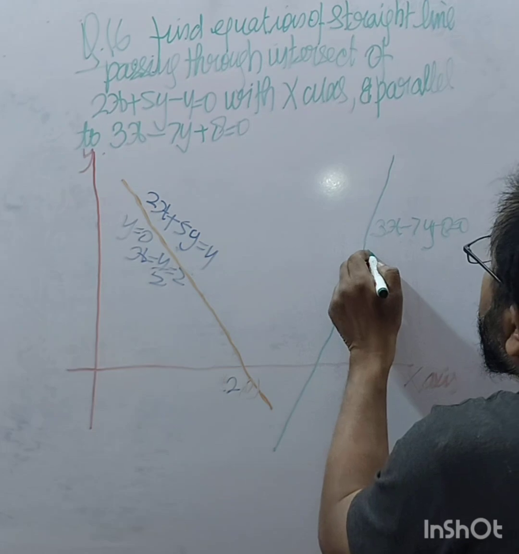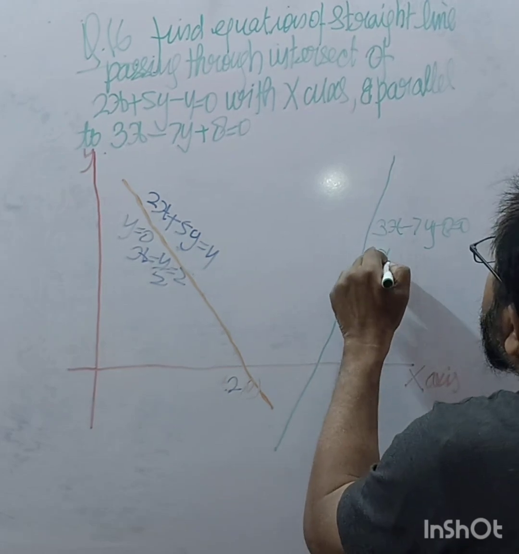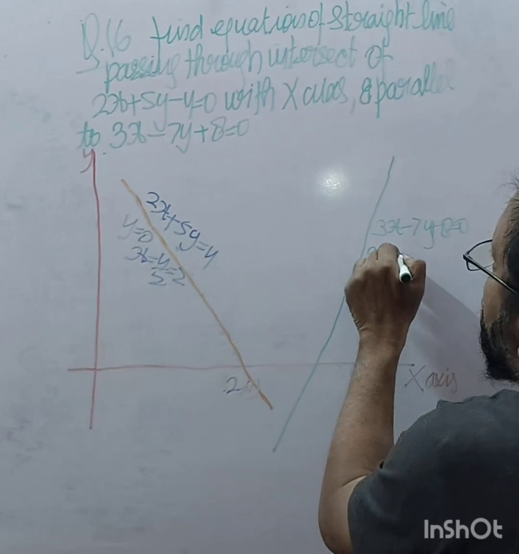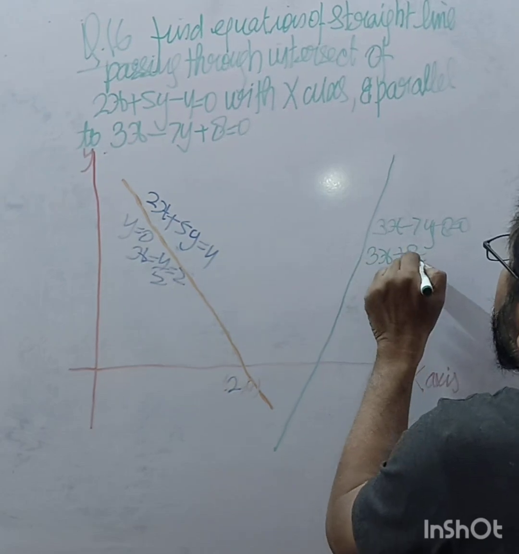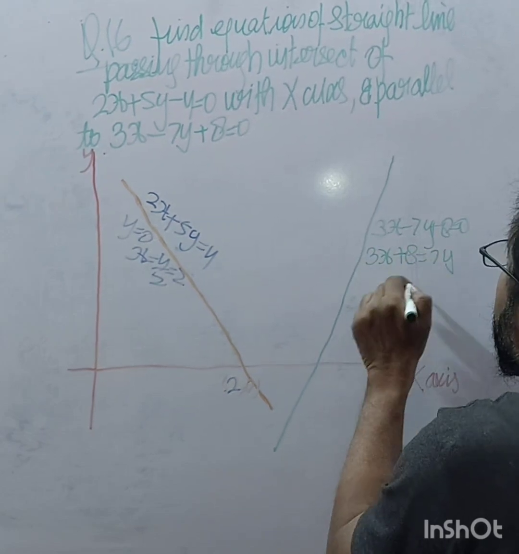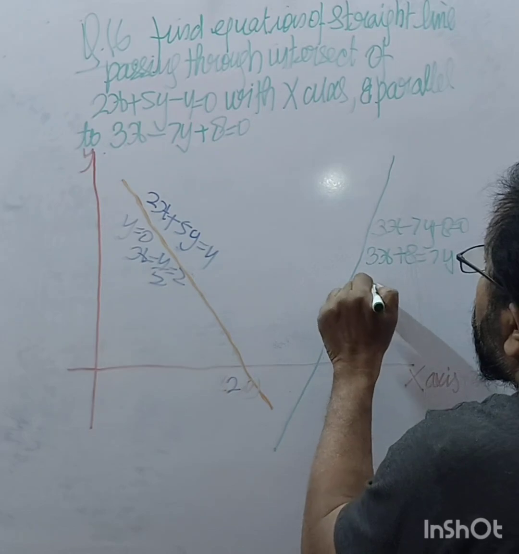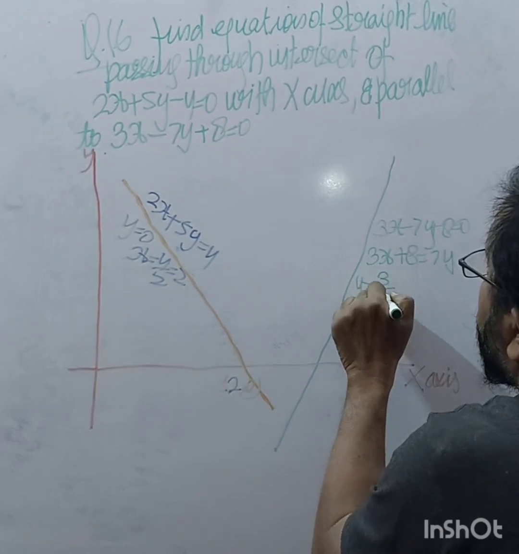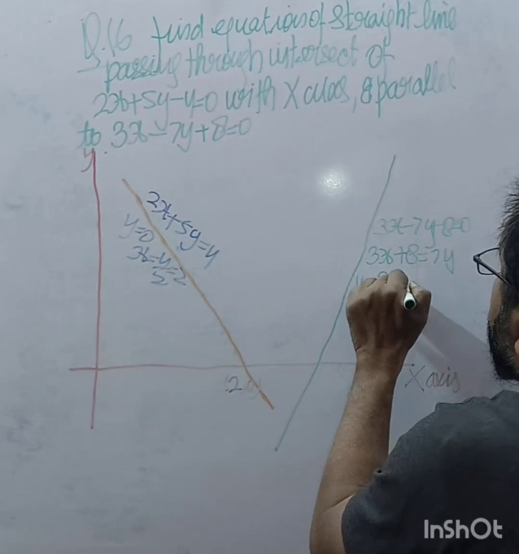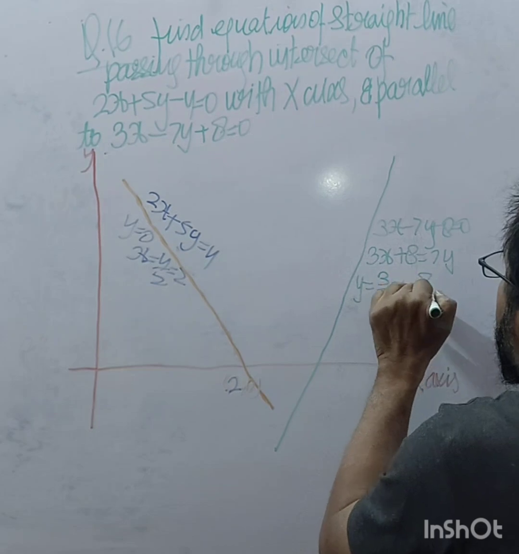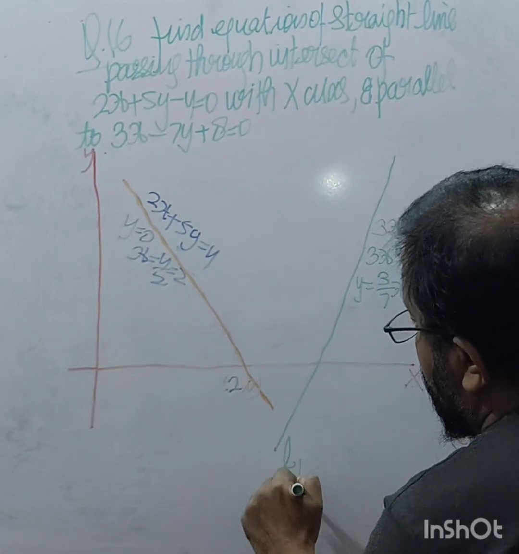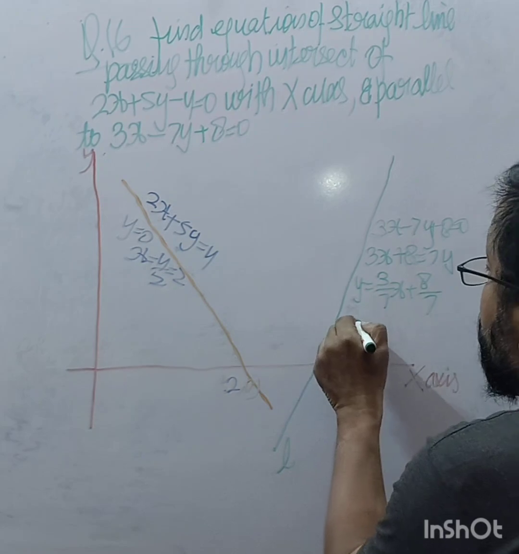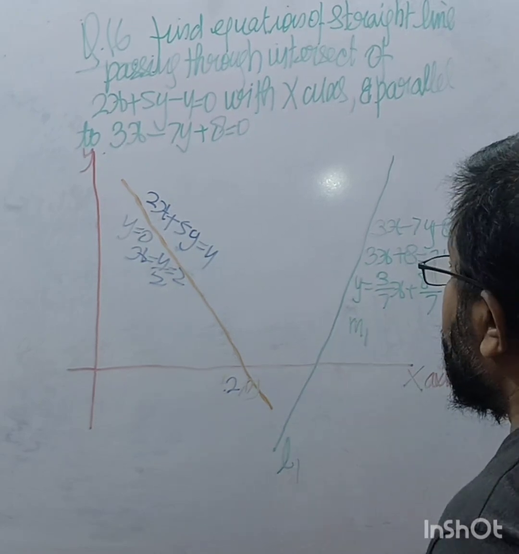So you can write 3x plus 8 is equal to 7y. So y is equal to 3 upon 7 x plus 8 upon 7. This is line L1, so m1, right?